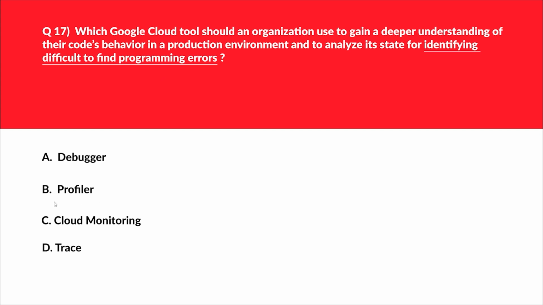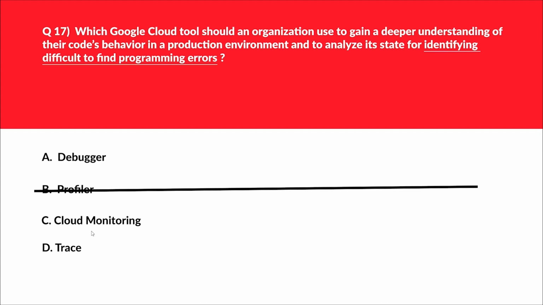B says profiler. Profiler is a tool more focused on performance optimization rather than identifying programming errors. Hence, incorrect choice. Let's look at option C. C says cloud monitoring. Cloud monitoring collects metrics and events and generates insights via dashboards and alerts.